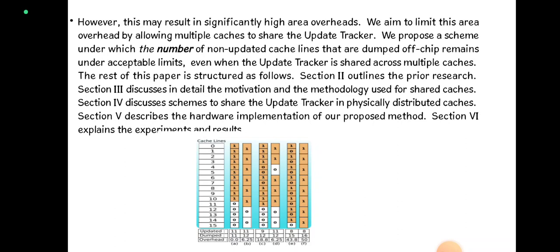We aim to limit this area overhead by allowing multiple caches to share the update trackers. We propose a scheme under which the number of non-updated cache lines that are dumped off chip remains under acceptable limits even when the update tracker is shared across multiple caches. The rest of this paper is structured as follows.